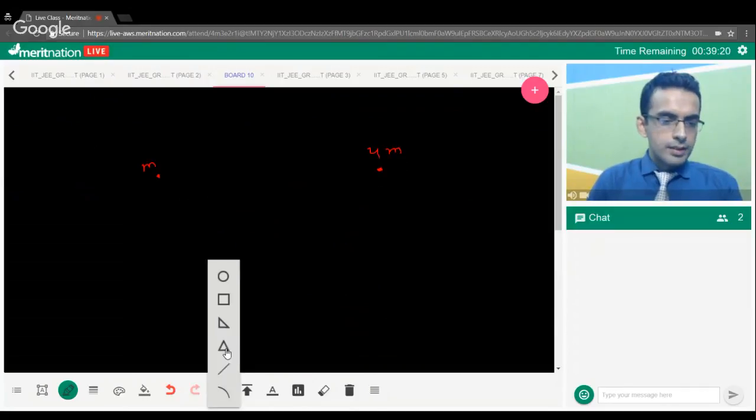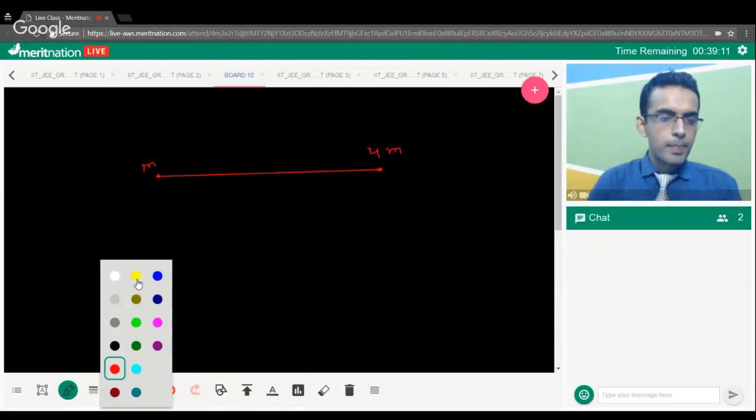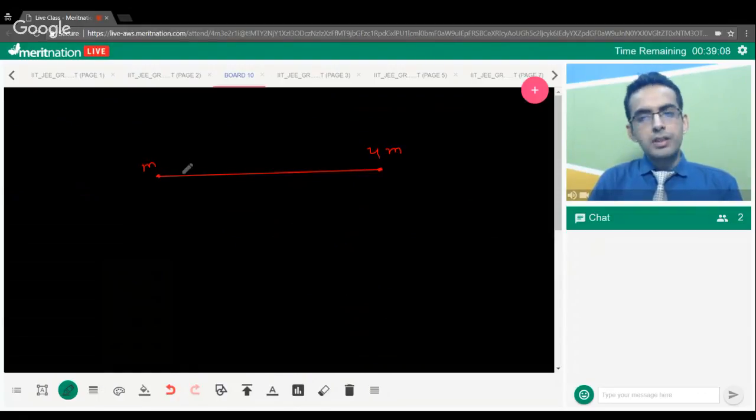Let's assume that the point lies between them. You should be clear that the point should lie between them only, because gravitational field is always attractive.